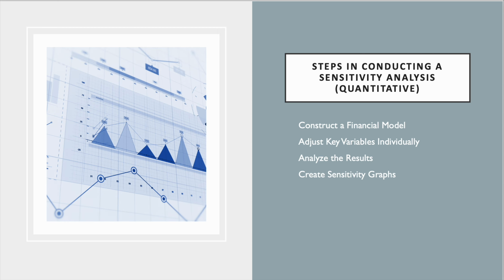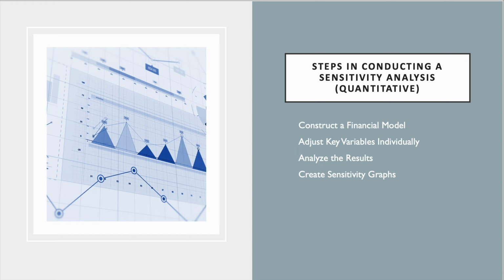Moving on to the quantitative steps, the first thing we need to do is construct a financial model for the project. The model should incorporate all of the key variables we identified earlier. Next, we adjust each of these key variables individually. For example, we might increase the sales volume by 10% to see how it affects our NPV, while keeping the other variables constant.